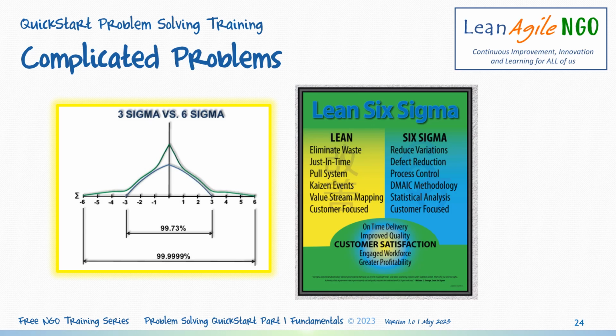The second connotation of Six Sigma is troublesome, going back to the original way it was deployed in organizations.